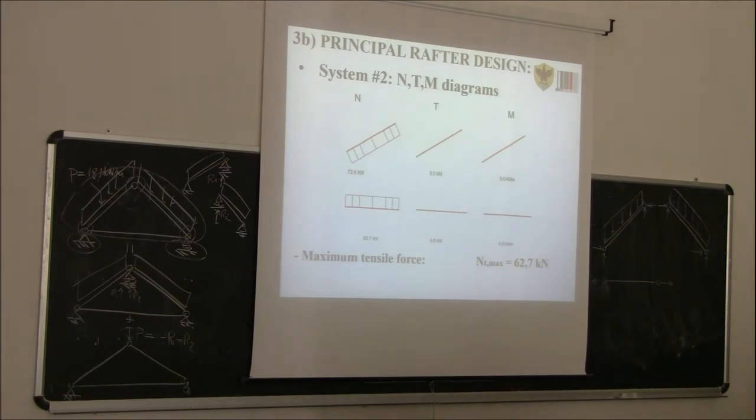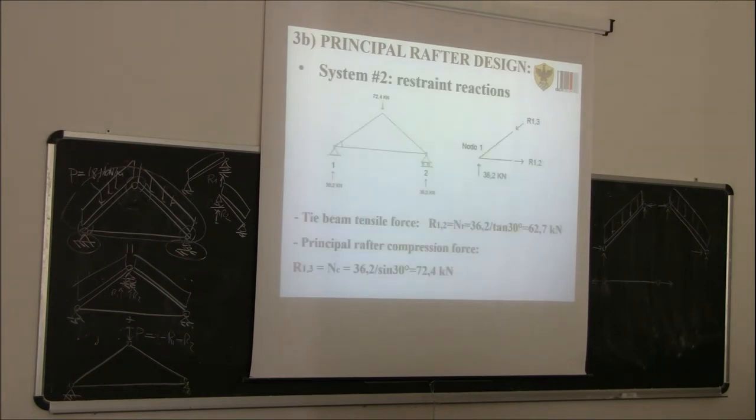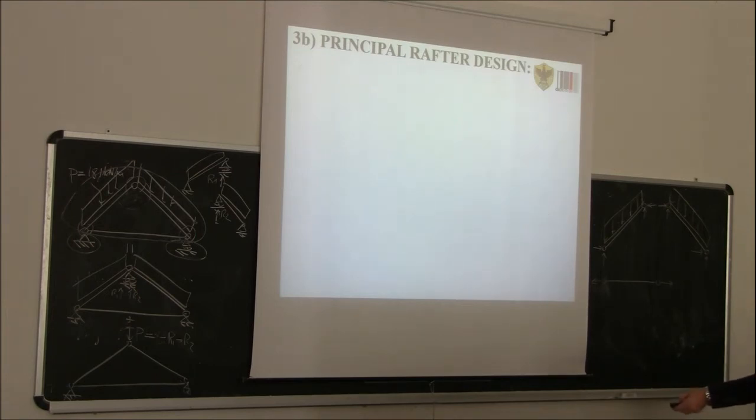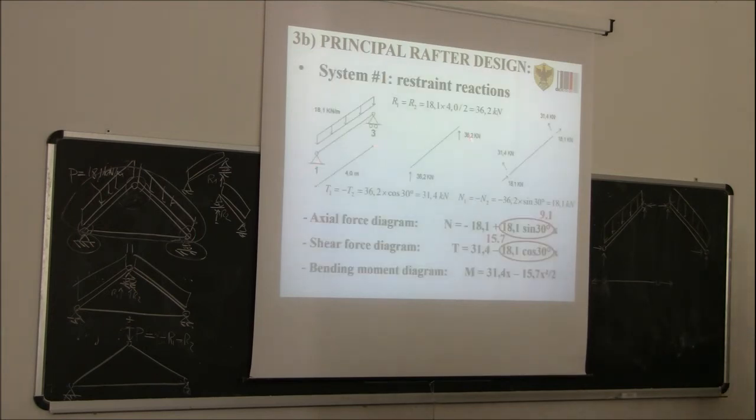Okay, so we go back. Another time we'll do this other method. Next year we'll do this method. So this 72.4 kilonewton, this is the restraint reaction coming from, go back, coming from here, 36.2, and then you have another system, exactly the same, another 36.2.